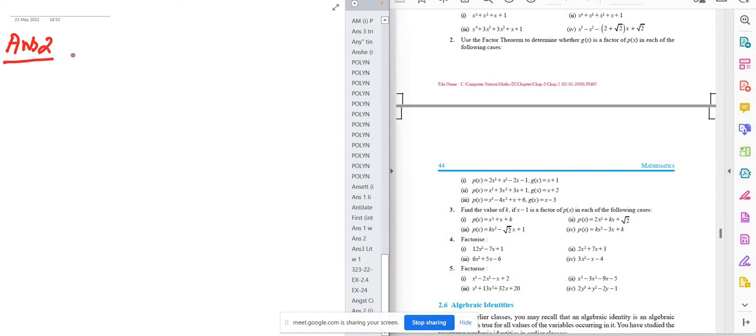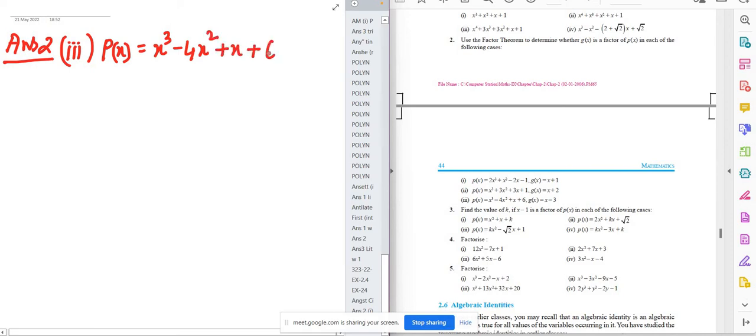Answer to the third. Here p(x) equals x cube minus 4x square plus x plus 6, and g(x) is given as x minus 3.